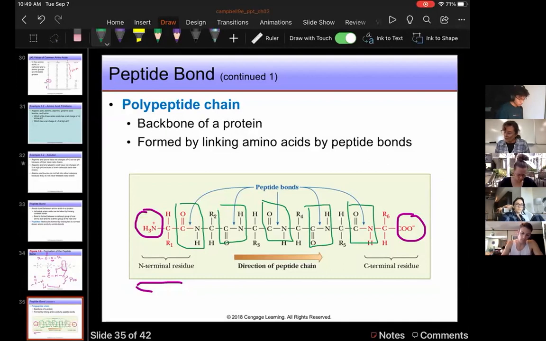And so this is showing, to get the sequence of this peptide, you would look at all the R groups in order, and that would tell you the sequence of the peptide. So this is a peptide that has 6 amino acids because there are 6 R groups. And we can't tell what the sequence is because all the R groups are just written as R, but you'd have to identify them. And that's what that speed amino acid quiz is designed to get you to learn to find the R groups.